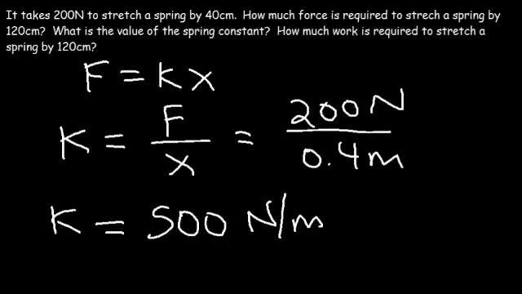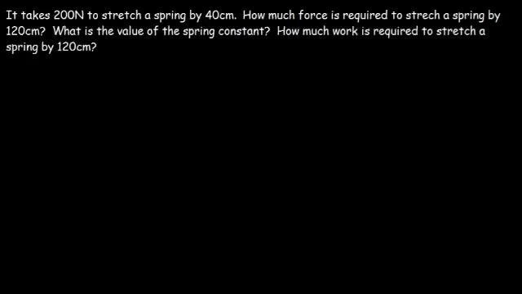Now what about the last part of the problem? How much work is required to stretch a spring by 120 centimeters? Work is equal to force times displacement, which displacement could be represented as x. Now this is if you have a constant force.